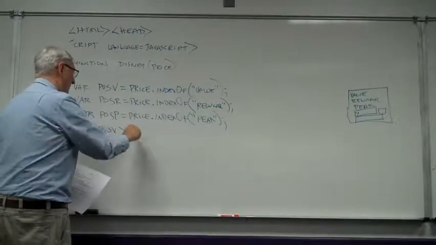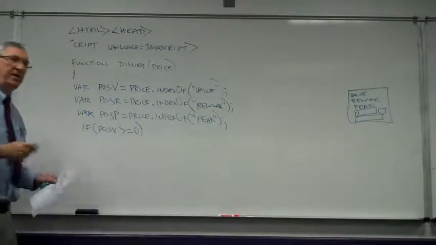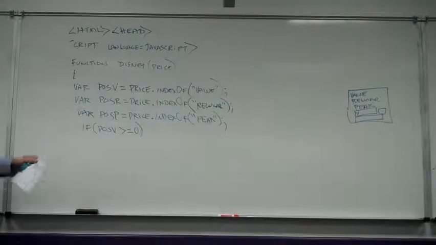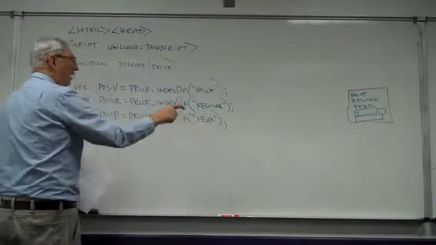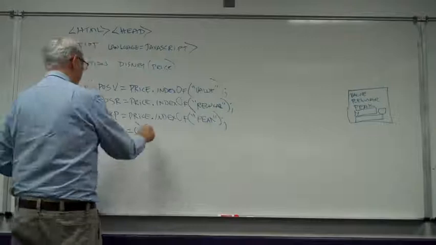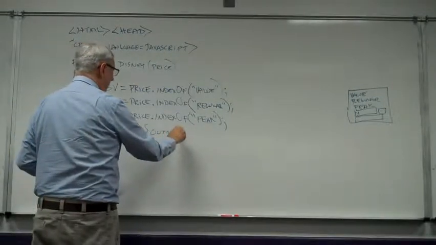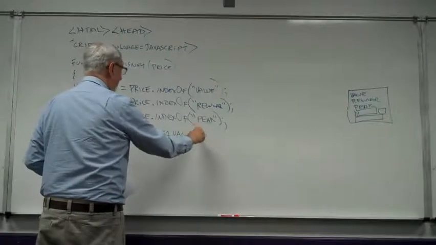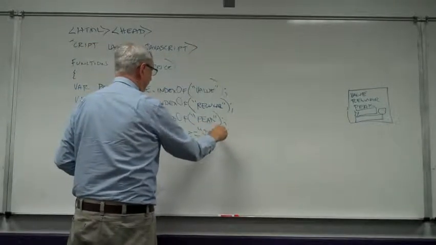So pos v is greater than or equal to 0. That word was in your answer. Then you can say, whatever that value of that thing was, that value equals, quote, $1.95. I think it was something like that.